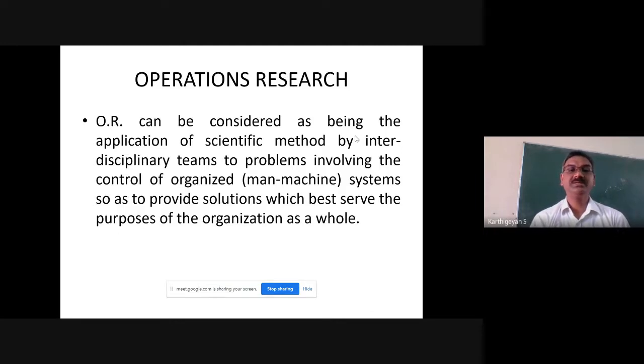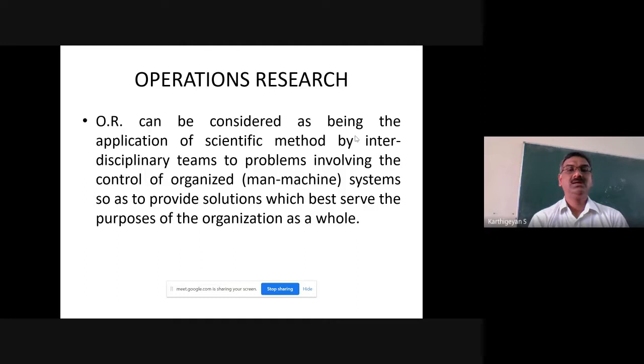Operations research can be considered as the application of the scientific method by interdisciplinary teams to problems involving the control of organized systems. That organization may have men, machines, and so on, so as to provide solutions which best serve the purposes of the organization.